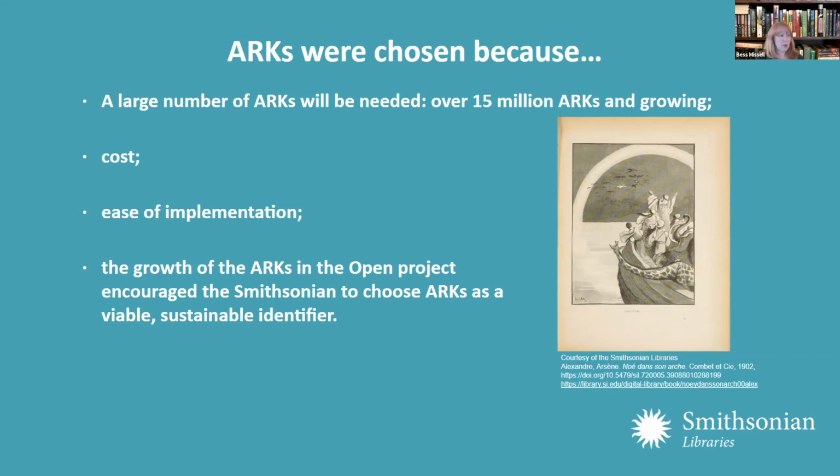And so the cost was great. Ease of implementation: we were already using them at the Natural History Museum and knew how to implement them and knew that they were going to work for the project we were doing. And finally, the growth of the ARKs in the open project encouraged us to choose ARKs as a viable, sustainable identifier.